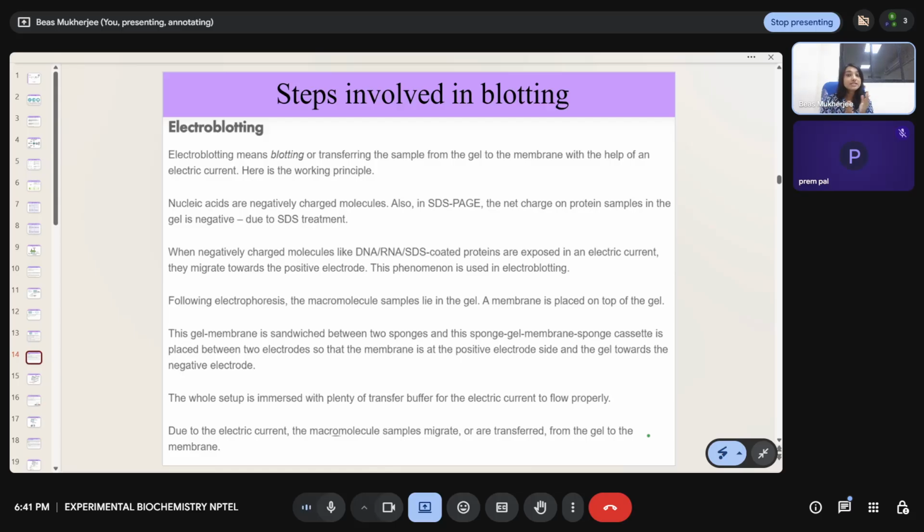Now the gel and membrane are sandwiched between two sponges, and this gel-membrane-sponge cassette is placed between two electrodes, so that the membrane is at the positive electrode side and the gel is towards the negative electrode side. The whole setup is immersed in plenty of transfer buffer for the electric current to flow properly. Now, due to the electric current, the macromolecule samples migrate or are transferred from the gel to the membrane.